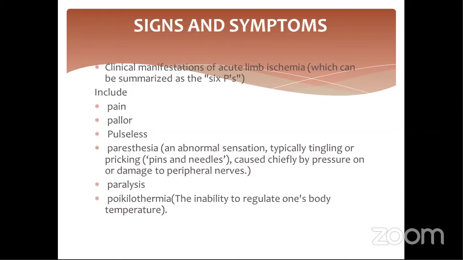Paresthesia is an abnormal sensation, typically tingling or pricking, caused chiefly by pressure or damage of peripheral nerves, because the health of every nerve is dependent on the blood supply that nerve gets. So a pins and needles type of pricking or tingling sensation happens, then paralysis and inability to regulate one's body temperature.